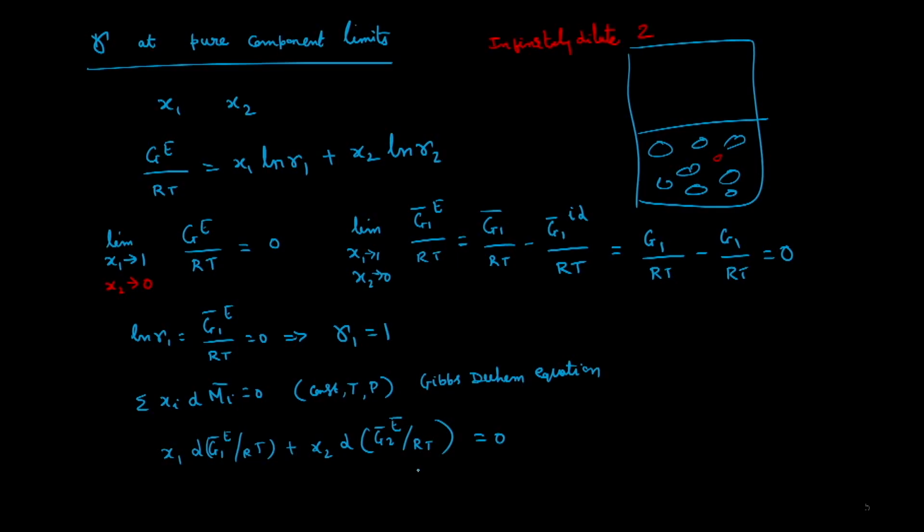And recall that G1 bar E over RT is ln gamma 1. So this is x1 d ln gamma 1 plus x2 d ln gamma 2 equals 0 at constant temperature and pressure. This is the Gibbs-Duhem equation written in terms of activity coefficients 1 and 2.